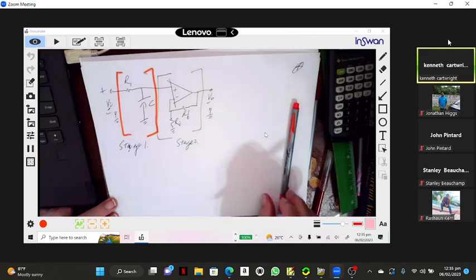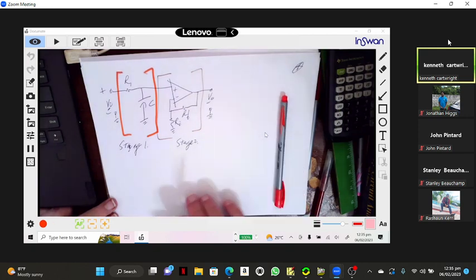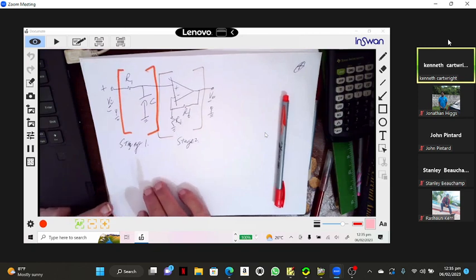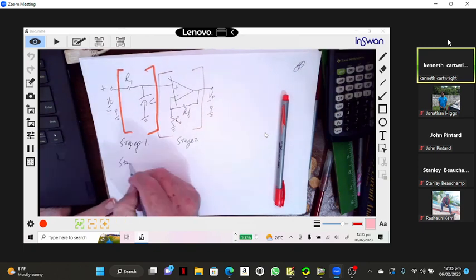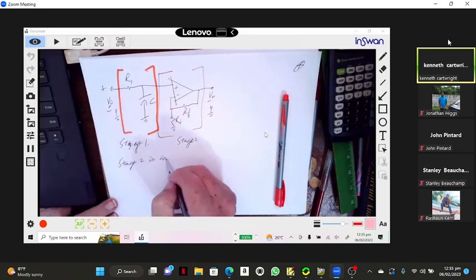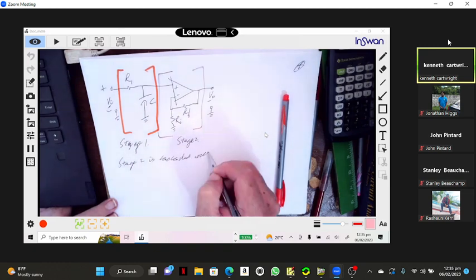And yes, you knew this since 235. We covered this in 235 on this connection, and we covered it again in 320. Stage 2 is cascaded with stage 1. Does this ring any bells?